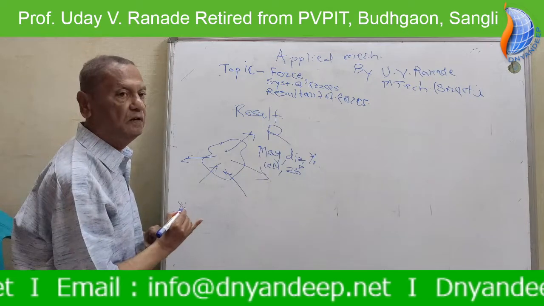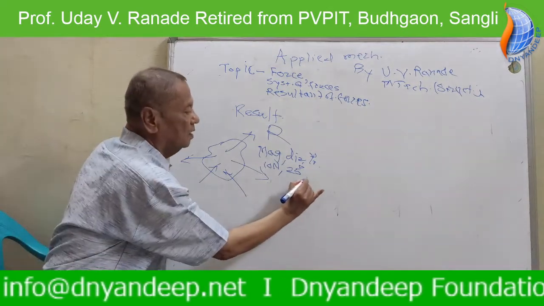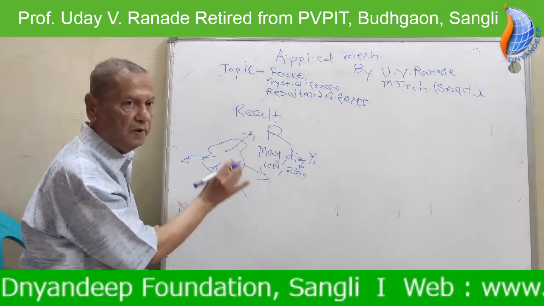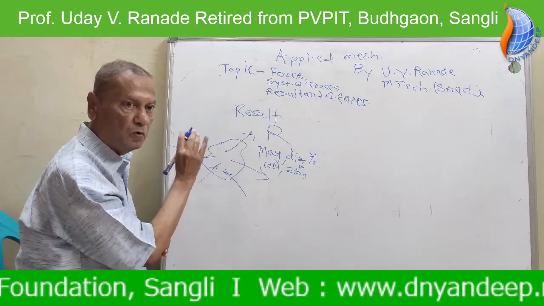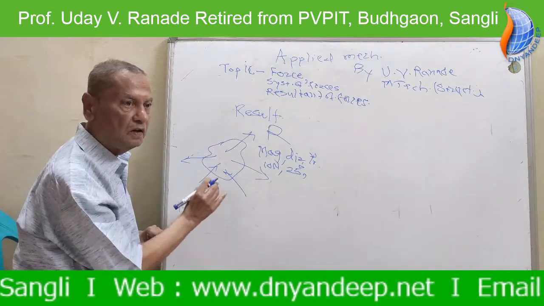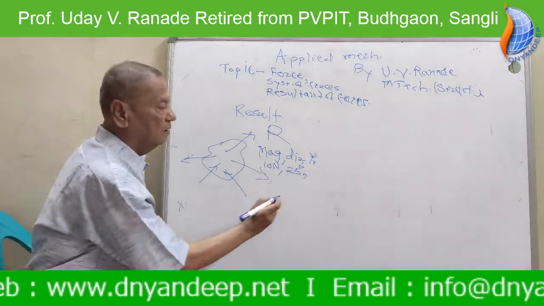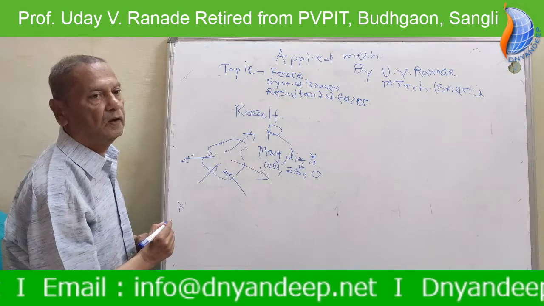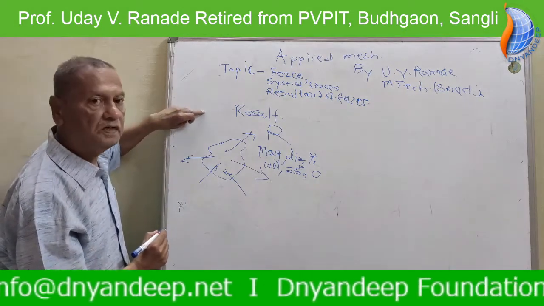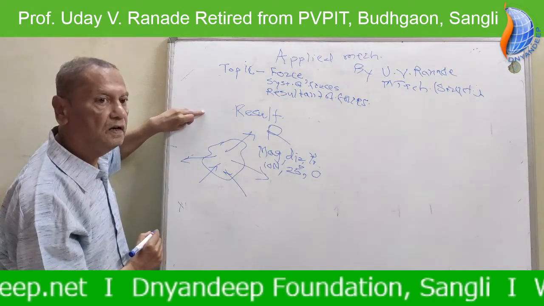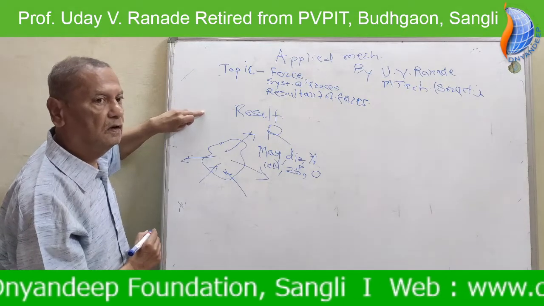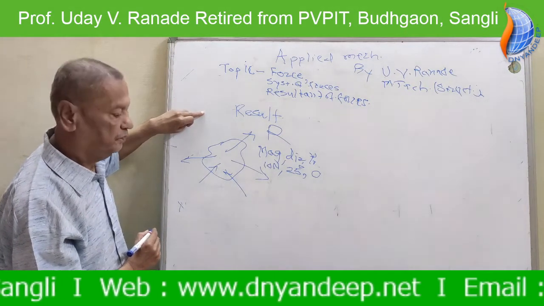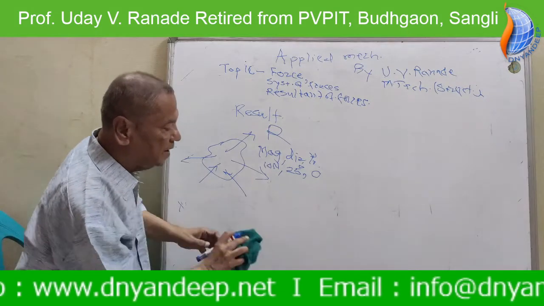And position, what is position? For example, if all forces are in one plane and passing through the point O, the point of application or the location is O. So resultant is a single effect which is made due to the number of forces acting.